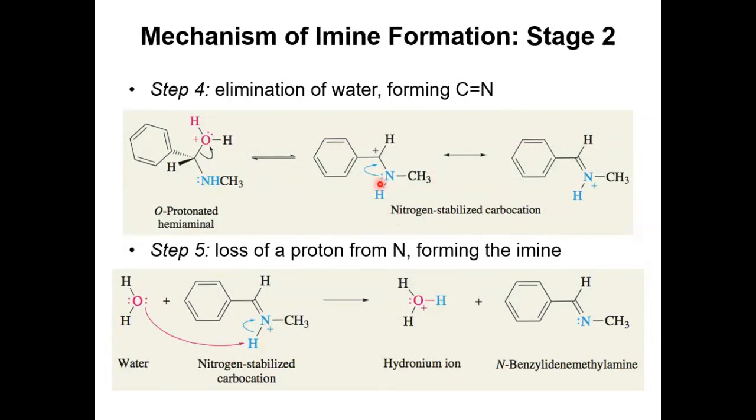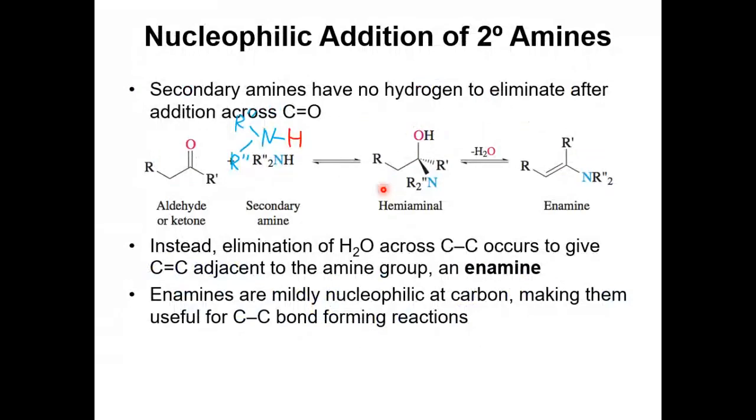If you do have a beta proton on nitrogen, that's the most acidic proton to be eliminated. But if you start with a secondary amine, it means you have two carbons on it, so there's no NH bond to eliminate. So you will eliminate one of the protons from the beta carbon.